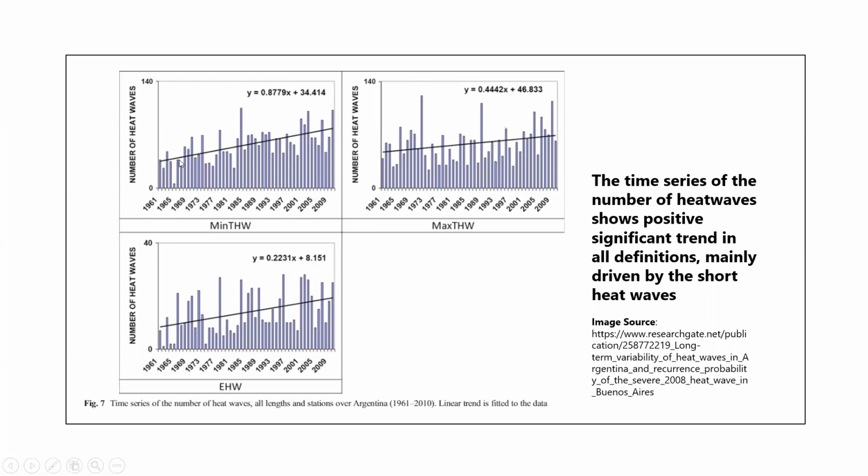If you can see, the trend is rising, which means the number of heat waves is increasing as time goes by. These are driven by short heat waves, but there are more heat waves, and that is because of climate change.